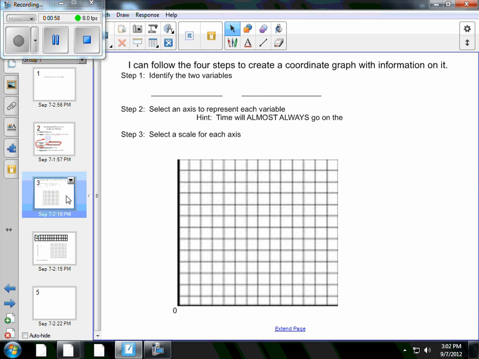Identify the 2 variables. That would be time and number of jacks. Step 2 is select an axis to represent each variable. And time will almost always go on the x-axis.